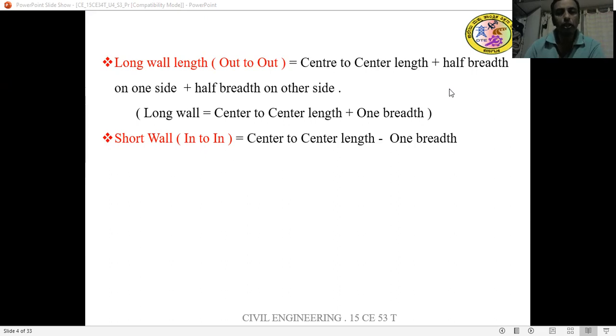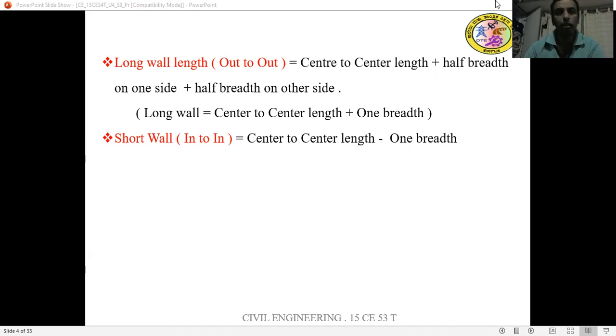That means long wall length is equal to center length plus half plus half, that is, you can directly take one breadth. Then short wall length will be calculated using the formula: center length of wall minus one breadth.